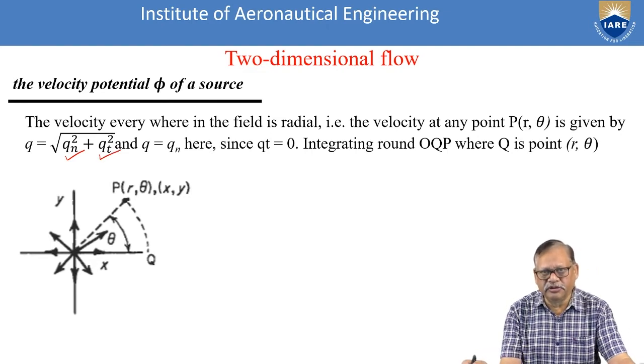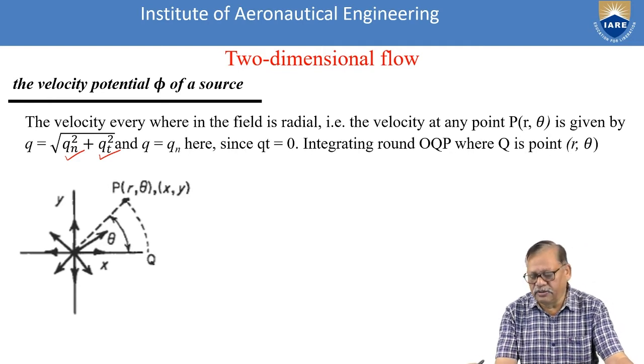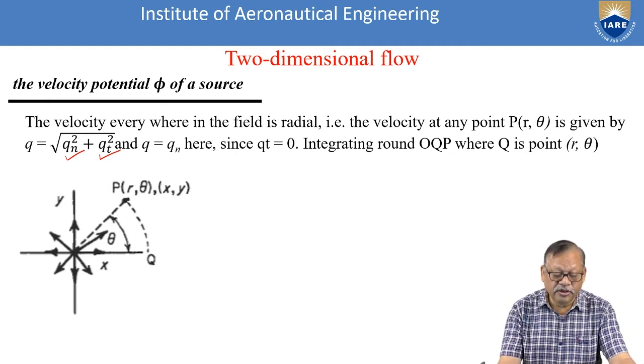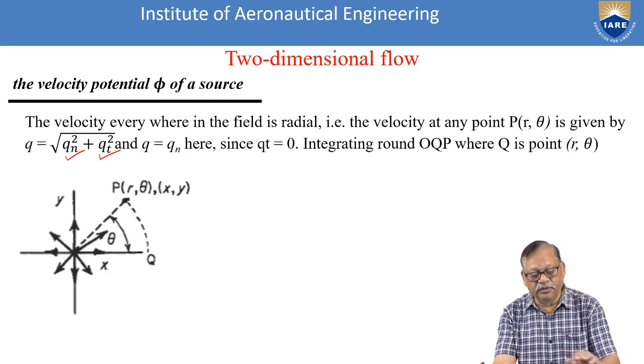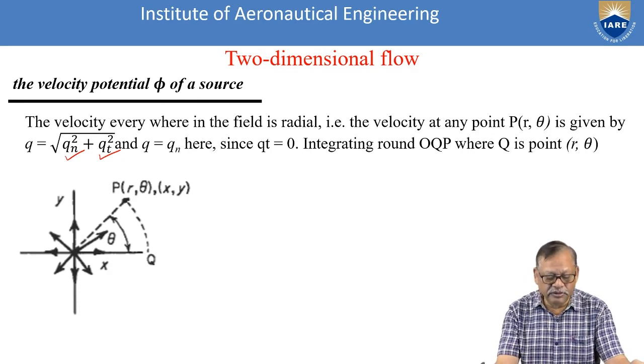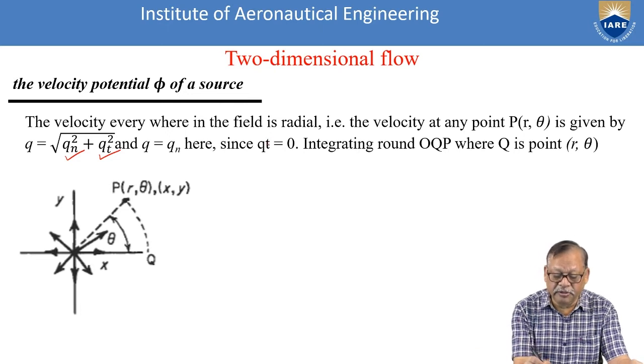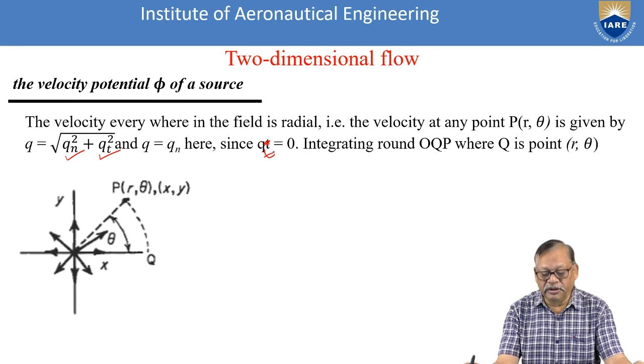If you take the square root, we get the resultant of it. That we have seen, we know it. So q is nothing but equal to q normal, and q subscript t will be equal to 0, right? Qt is equal to 0.